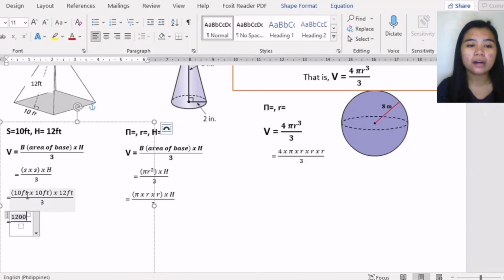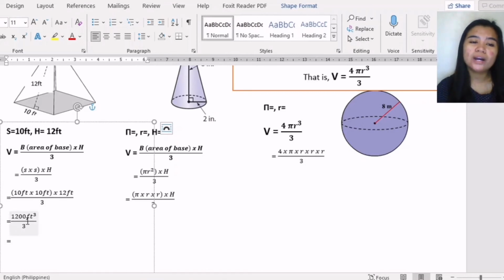And then, feet times feet, that is square feet, and then square feet times feet, that is cubic feet. So, ilalagay na natin siya. Feet, and then to the third power. And then we're just going to copy the divided by 3 or the denominator 3.